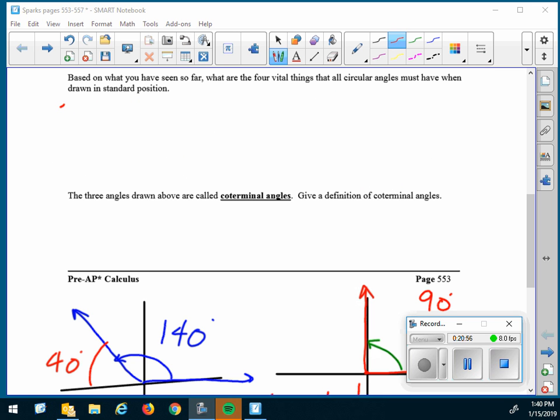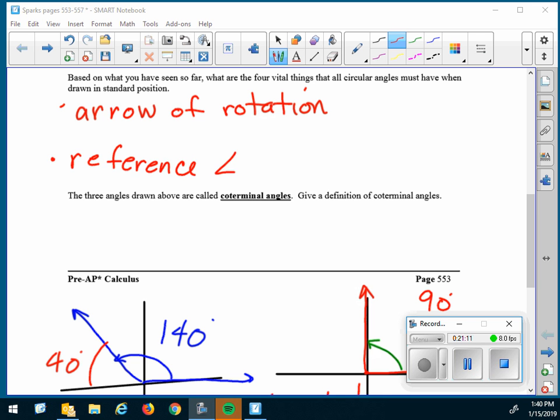You must have an arrow of rotation. And you must have a reference angle. Those are the four things that you have to have: initial side, terminal side, arrow of rotation, and a reference angle.